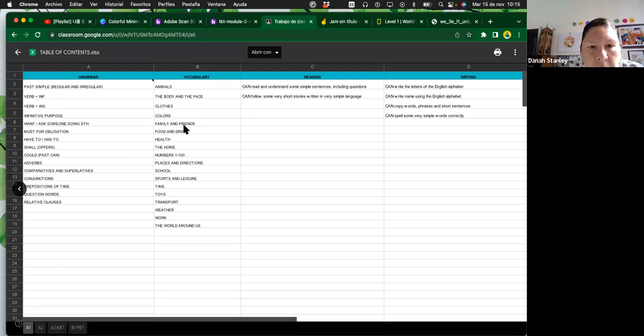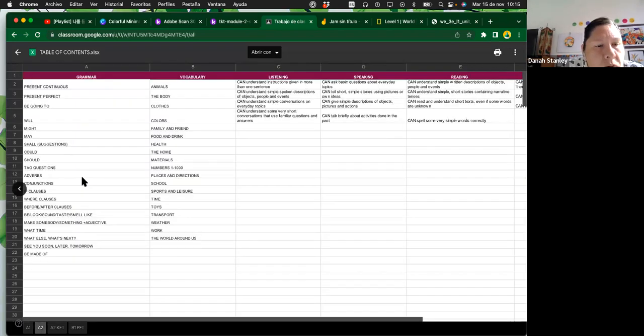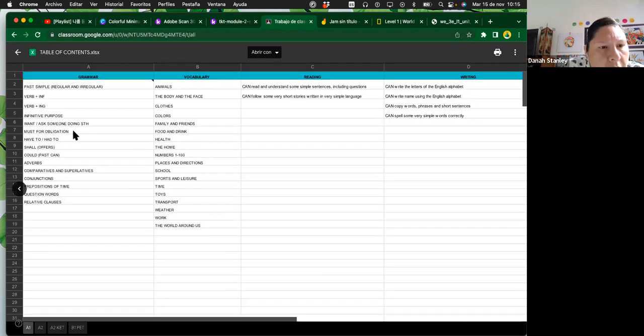Animals, the body, family and friends. A ver, vamos a ver. Animals, the body, family and friends, present continuous. Okay. Yes, debes de haber likes and dislikes. Ajá, entonces yo creo que es between A1, A1 plus.